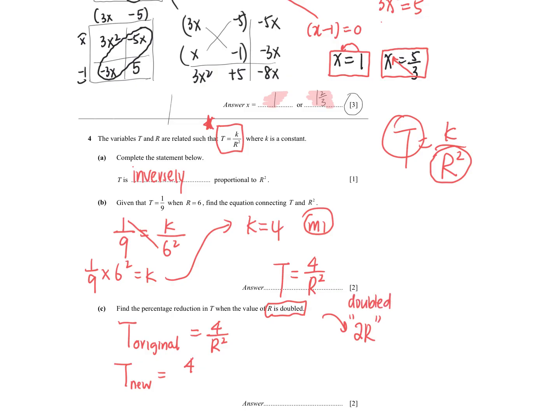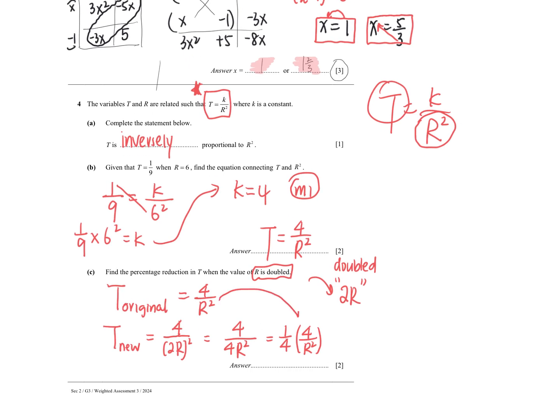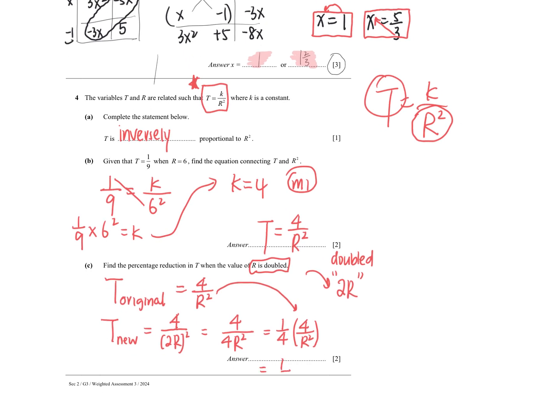So I'm going to sub in my R as 2R. So if I square it, I will have this. Can you see this is the same as 1/4 of 4R squared? Okay, this is 1/4 of my 4R squared. 4R squared is my original T.